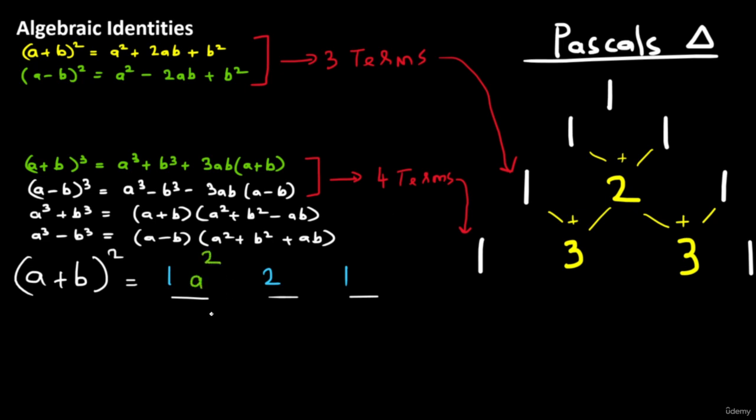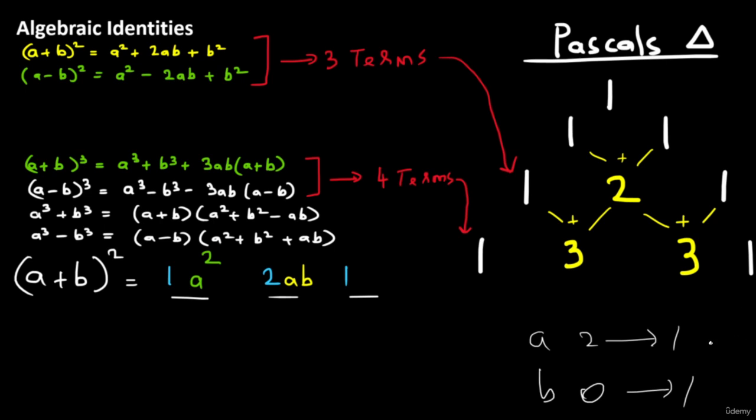In the next term, I reduce the power of a by 1 and increase the power of b by 1. So over here there is 0 power of b. So b goes from 0 to 1 and a's power goes from 2 to 1, right? So over here I have a to the power 1 and b to the power 1.